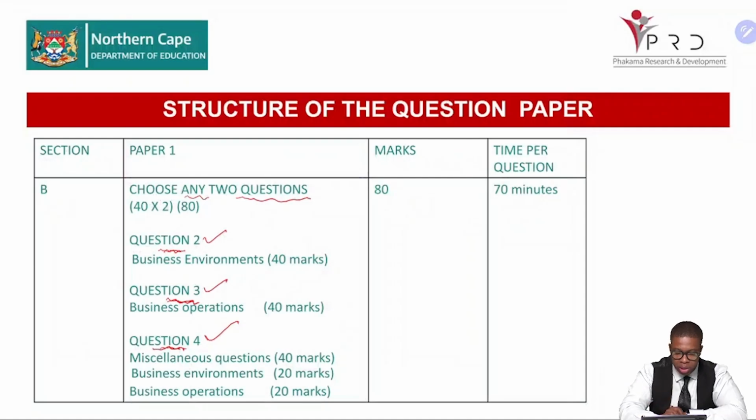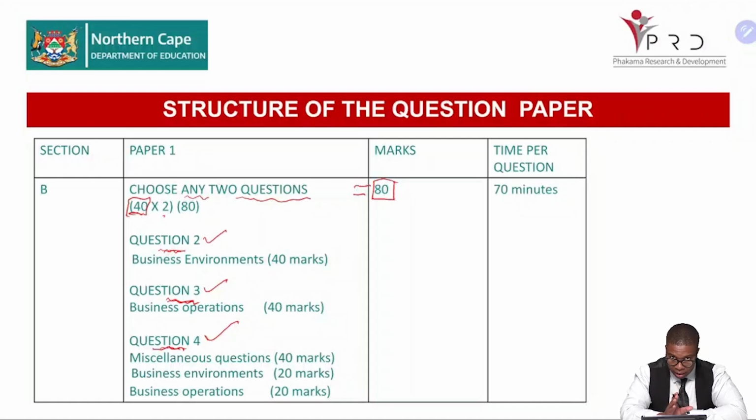Each question is allocated 40 marks, and since the instruction is choose 2, 40 times 2 is equal to 80 marks allocated for section B.